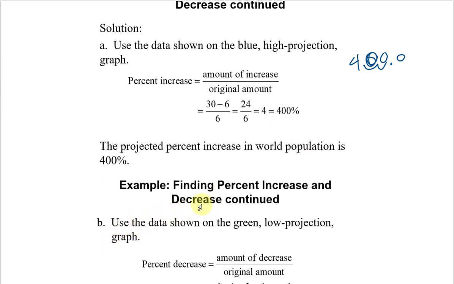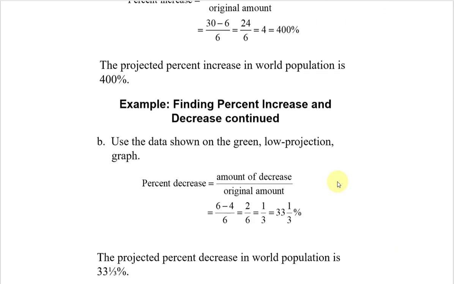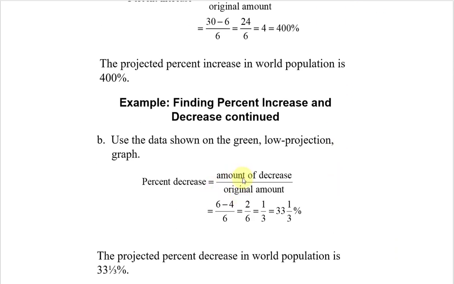Now to find the percent decrease in the world population from 2000 to 2150 using the low projection, which is the green one here. We go from 6 down to 4 billion. So the original amount is 6, because we go from 6 down to 4.